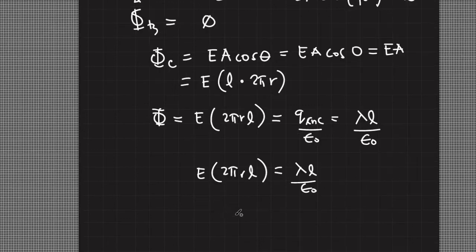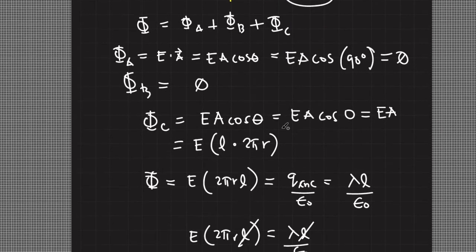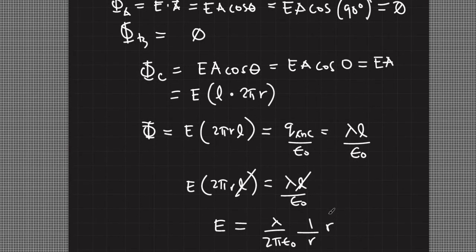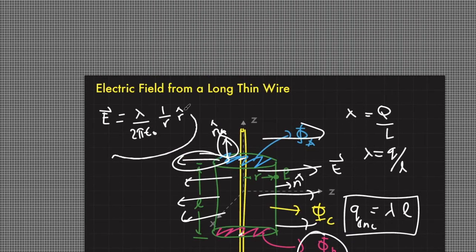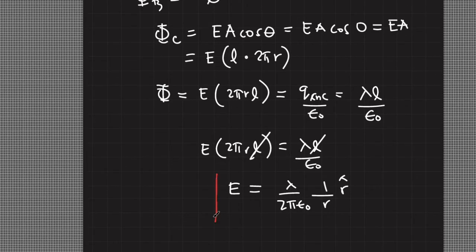The magnitude of the electric field is therefore, since the length L cancels out, lambda over 2 pi epsilon naught times 1 over r. And since the electric field lines are radially outward, this is r hat. Notice that this is the same equation that we derived using integration in the previous video. We were able to derive the same equation using Gauss's law.